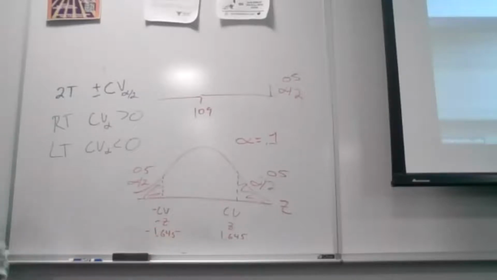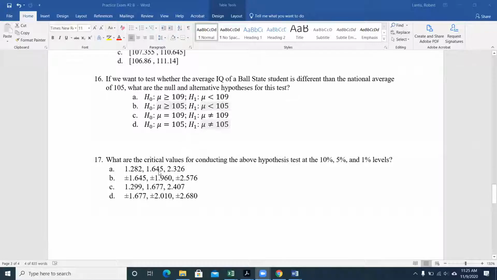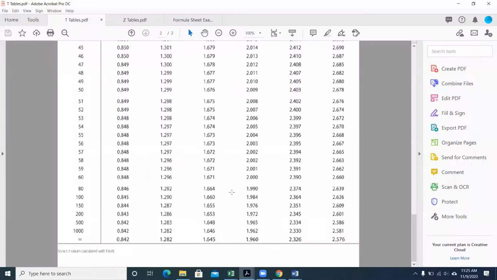So once I have this first critical value, and I go to my answers, positive and negative 1.645, that's going to be the answer. I can look the other two up and convince myself of this. Look up 0.025 and 0.005. In fact, I'm going to use this t-table and use the last row.